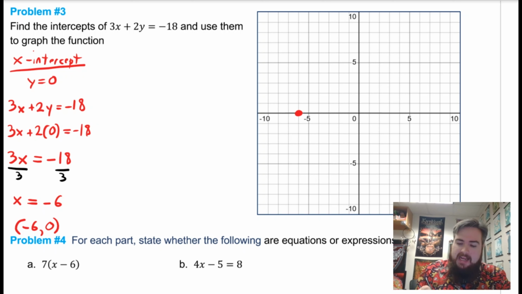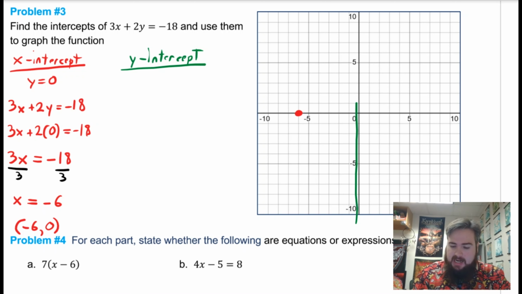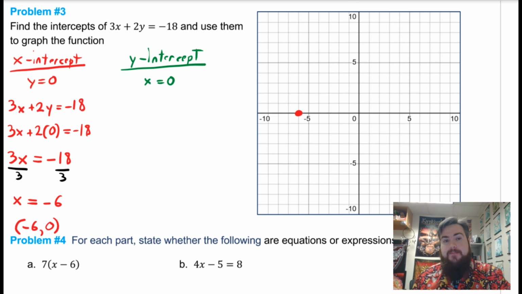To find the y-intercept then, we're going to do the opposite. To find the y-intercept where we intersect the y-axis here, x should be 0. So we're going to plug in x equals 0 into the equation provided.